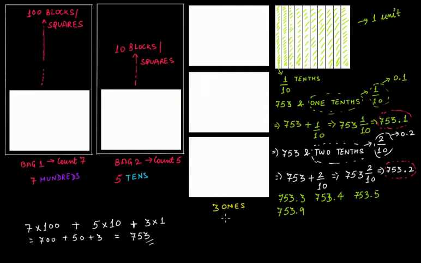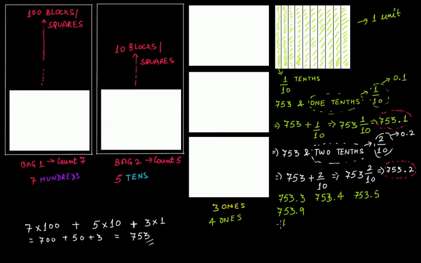Now you will be having four ones, three initially what was given to you, and one this time. And now you don't have any tenths, it's gone.